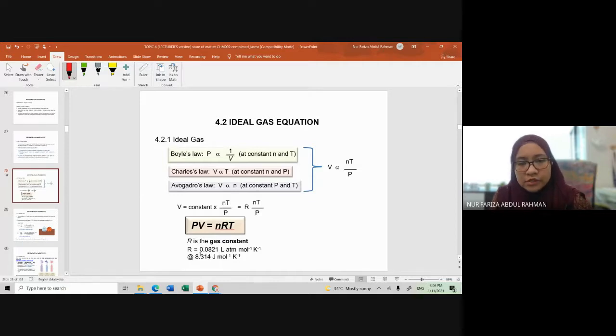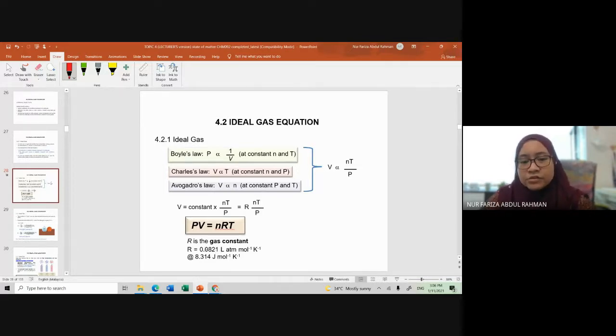Please make sure that you know when to use these two. Commonly, we would go for 0.0821 instead of this one, but we do have formulas where we need to use this value instead of 0.0821.